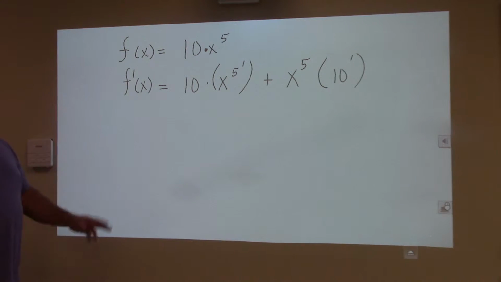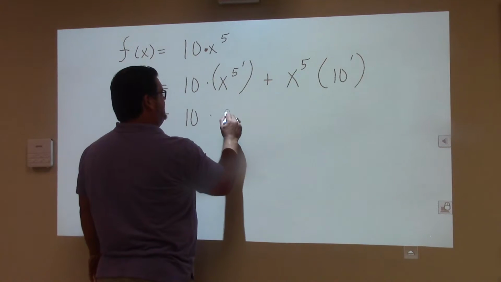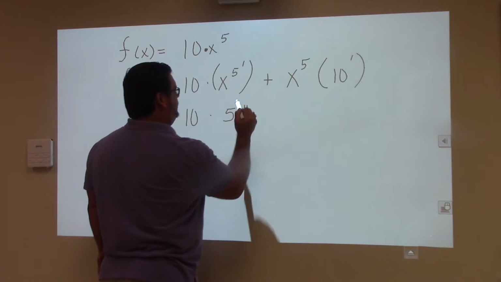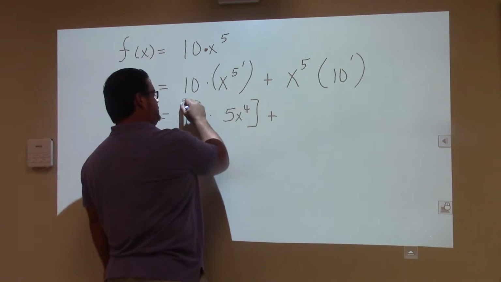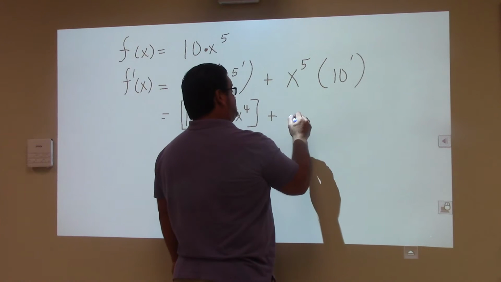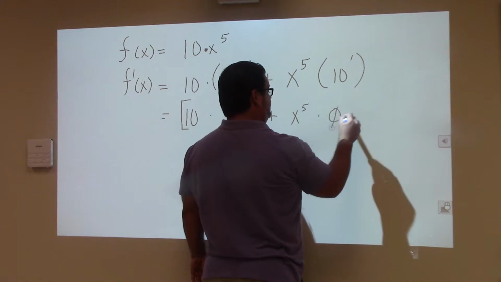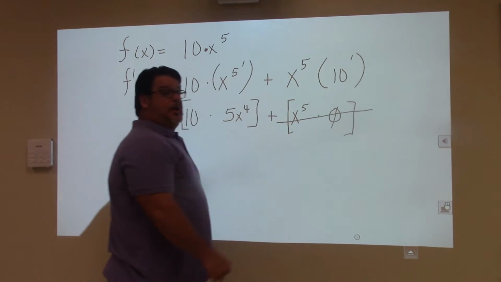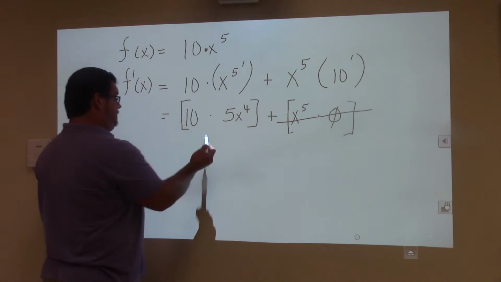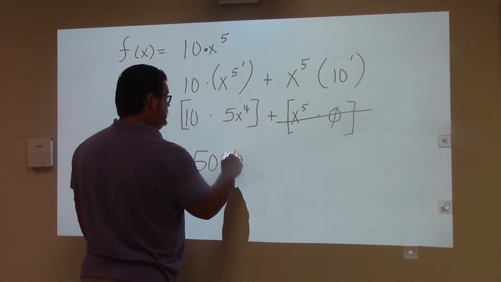And then I do it. 10 times 5x to the 4th plus x to the 5th times what? And that second term goes out, and you're left with 50x to the what?